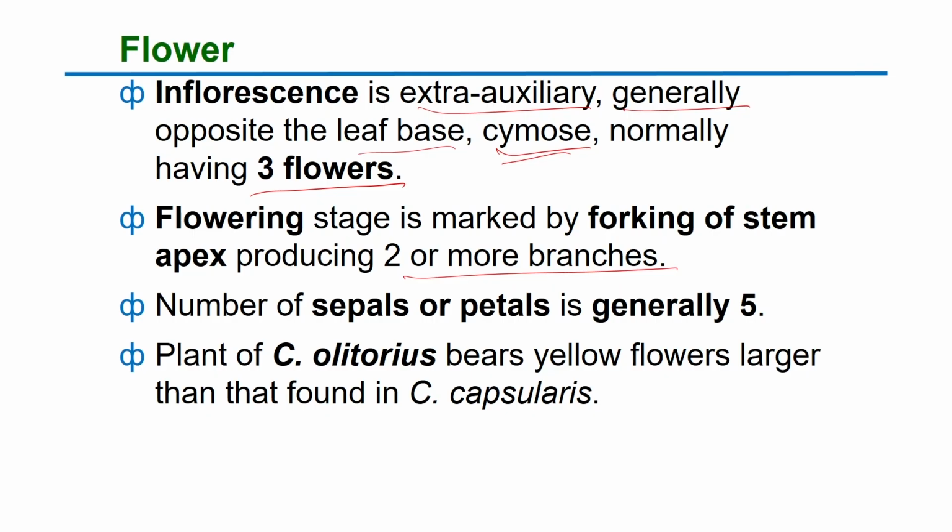As students might know, sepals are individual units of the calyx and petals are the individual units of the corolla. Plants of Corchorus olitorius bear yellow flowers larger than those found in Corchorus capsularis. So this is an important difference to remember: Corchorus olitorius bears yellow flowers larger than those found in capsularis.